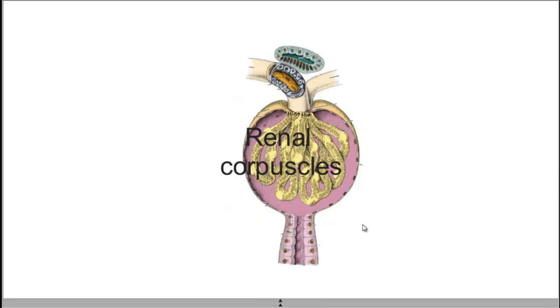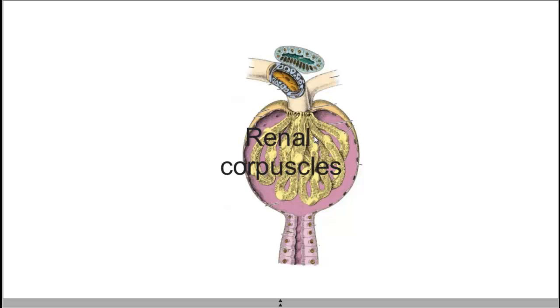We talk now about renal corpuscles. A renal corpuscle is about 200 micrometers in diameter and consists of a tuft of capillaries called the glomerulus, surrounded by a double-walled epithelial capsule called the glomerular capsule or Bowman's capsule.